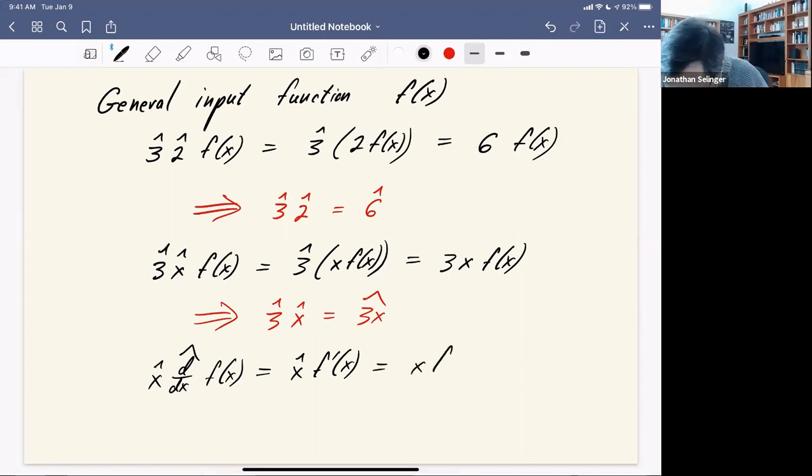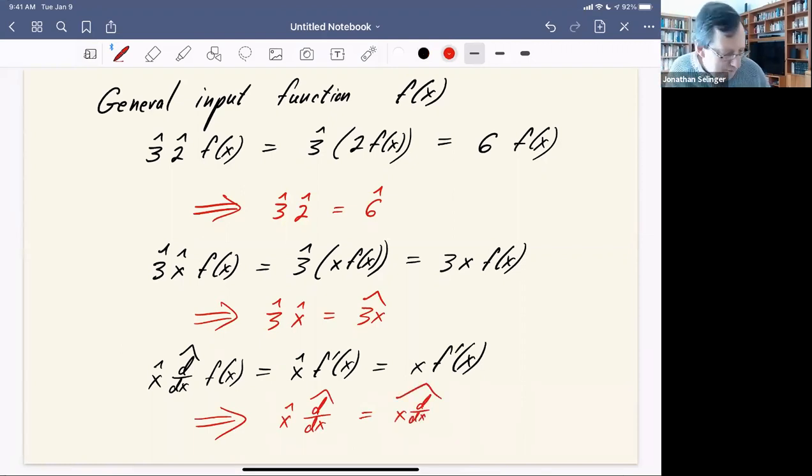Or it's x f prime of x. So as a general operator statement, x hat d by dx hat is, well, whatever you want to call it, x d by dx hat, like that.